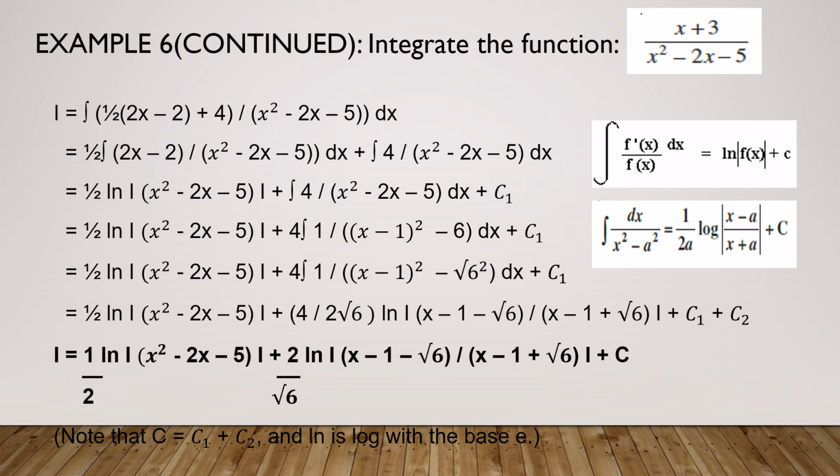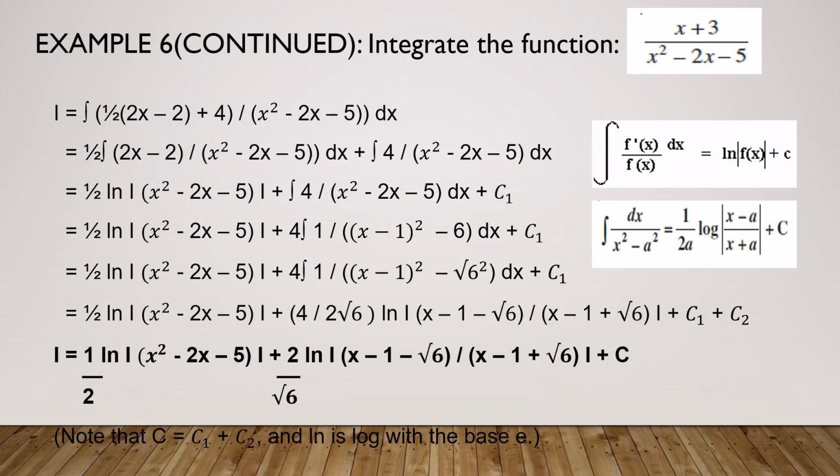It is of the form dx upon x square minus a square. What is the integral of dx upon x square minus a square? 1 upon 2a log mod x minus a upon x plus a plus c. So it is 4 upon 2 root 6, because your a over here is root 6, ln of x minus 1 minus root 6 upon x minus 1 plus root 6, plus constant of integration c1.